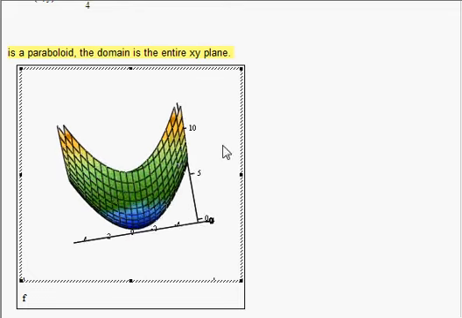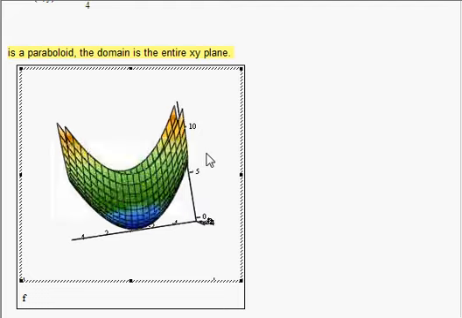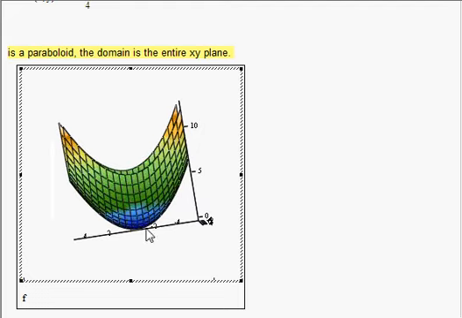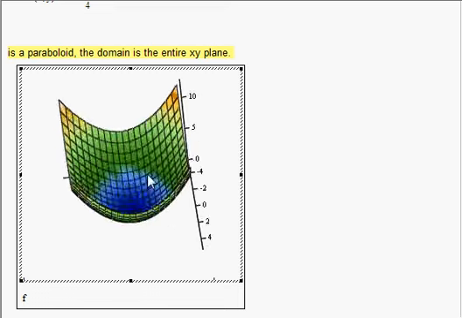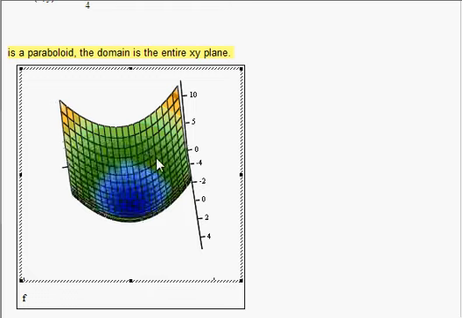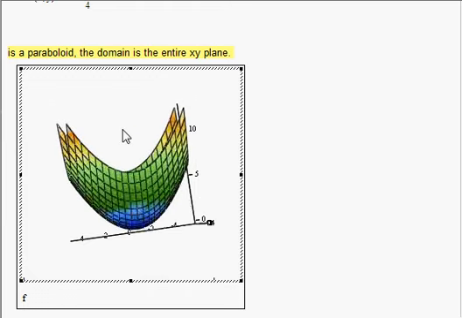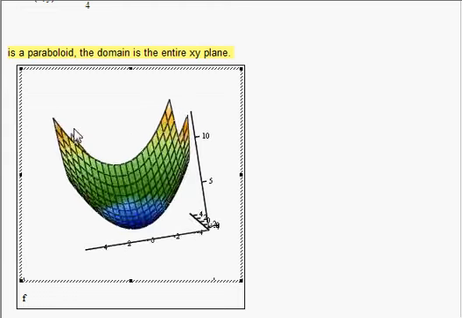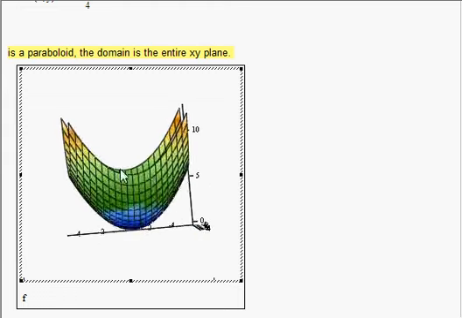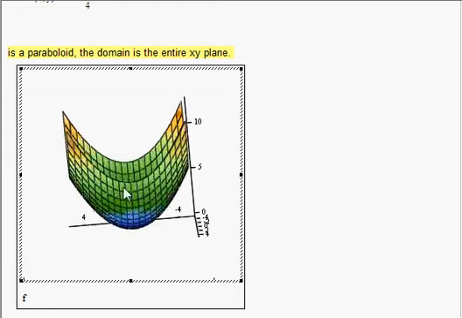And if you look at the way the z-axis is labeled here, you can see that the bottom point is 0. So the range is from 0 to infinity. Now, this doesn't really show up as infinity, but the fact that it keeps going up and up as x and y get larger should indicate to you that that is the case.